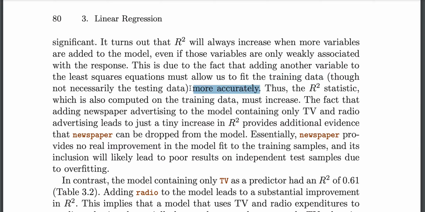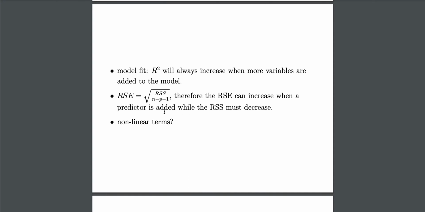And so this is something known. The RSE, which is defined as the square root of the residual sum of squares divided by n minus p minus 1. P plus 1 is the degrees of freedom. P is the number of features. The plus 1 comes from the intercept.